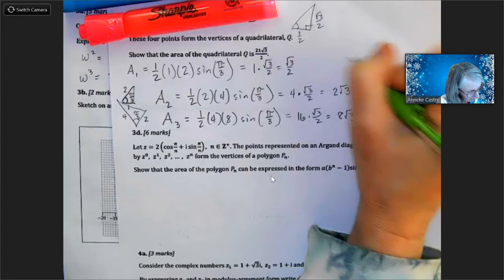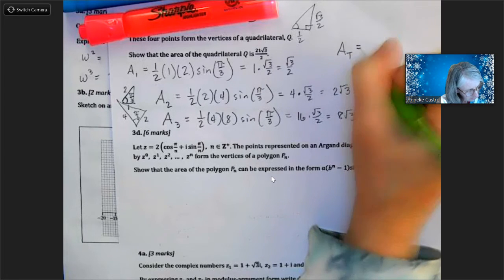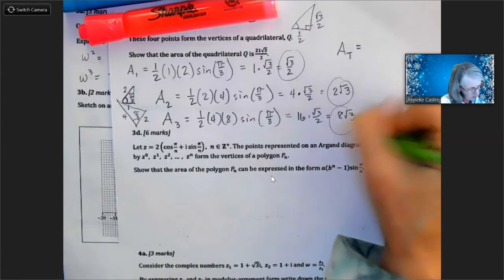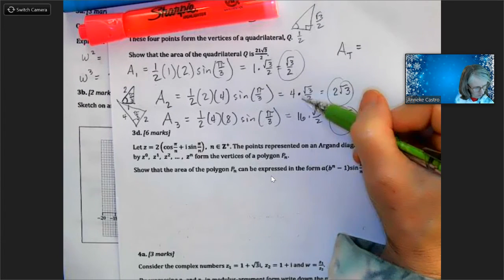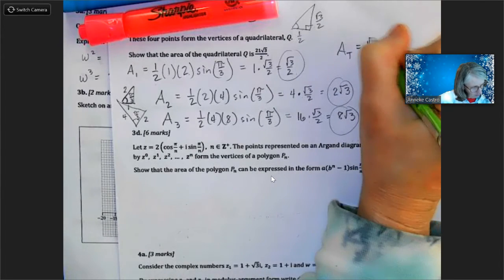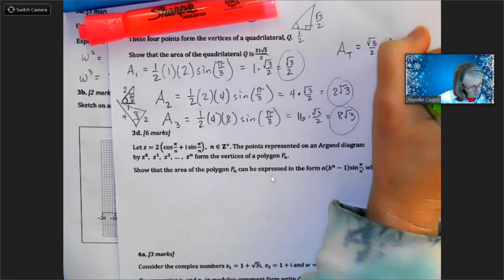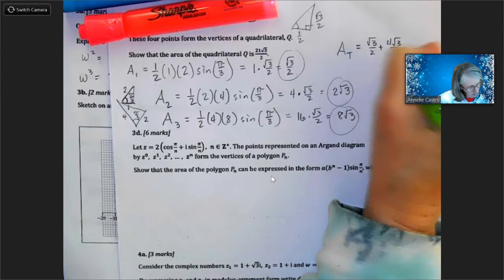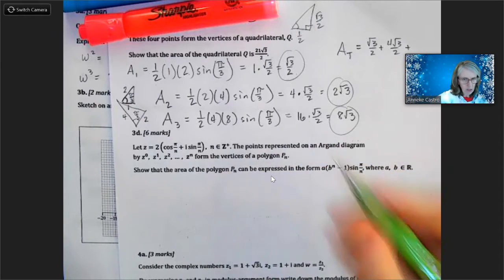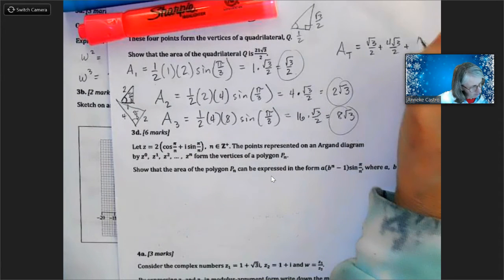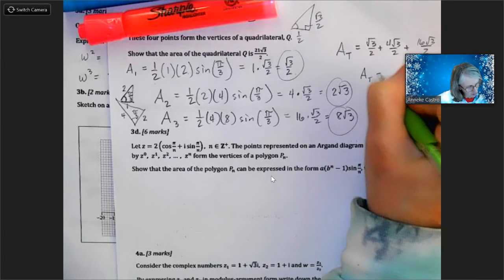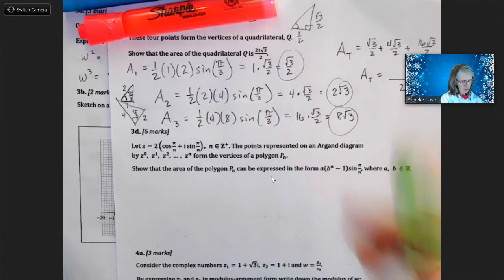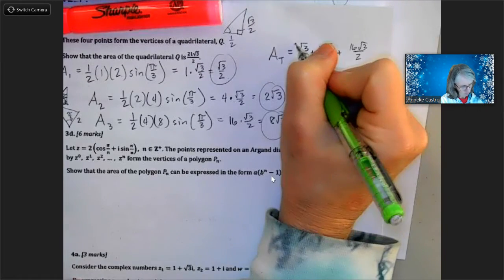So the total area is, I need to add these three together. Actually, to add them together, it's probably going to make more sense to add them all with a common denominator. So that's going to be root 3 over 2 plus 4 root 3 over 2 plus 16 root 3 over 2. And they already have a common denominator, which is 2. These are all like terms. Be careful. Remember, this is 1 square root of 3.